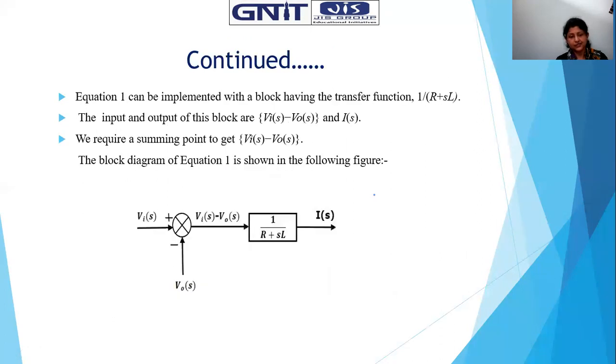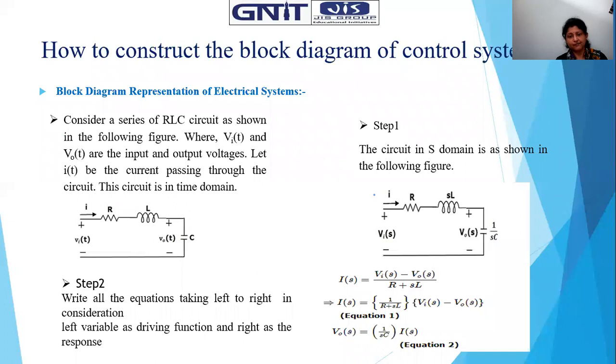Again, I am repeating that this part is very much important. Which part? First, the conversion into the S domain is a necessity. The time domain circuit will be converted into the S domain circuit, and then you have to find the relation among all the variables.